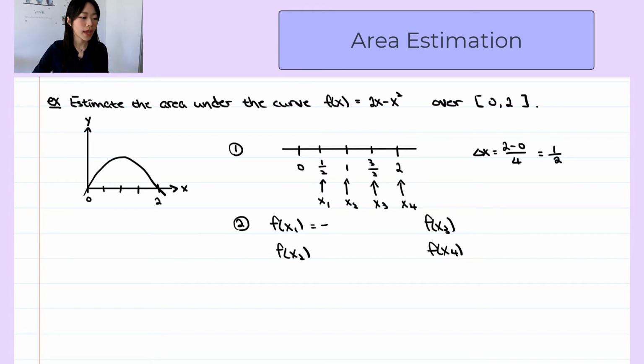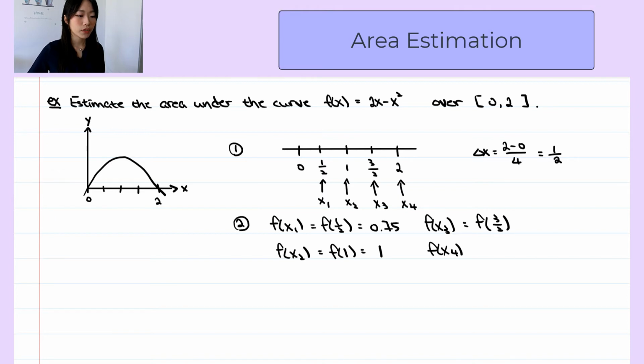So we substitute the x value into the function 2x minus x squared, which equals 0.75 for x1, and x2 is at 1, and its y value equals 1. For x3, f of 3 over 2 equals 0.75.